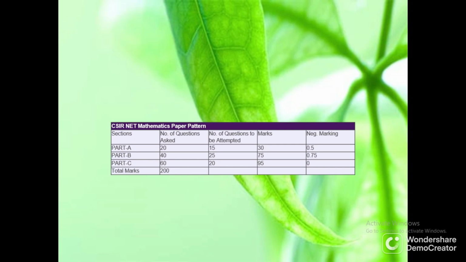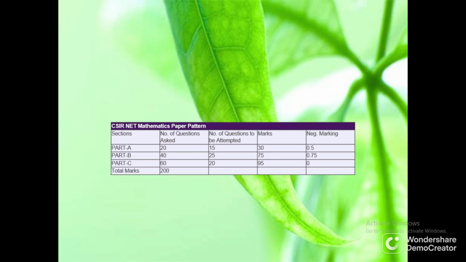This table is very clear. Part A: number of questions 20, attempt 15 questions, marks 30, and negative mark 0.5. Part B: total number of questions 40, attempt 25, marks 75, and negative mark 0.75.